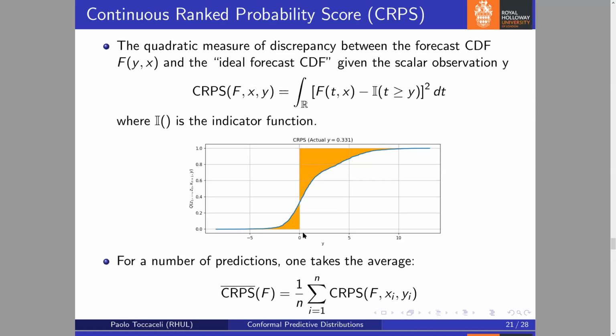So in the chart, I'm showing the case in which the actual y was 0.3. And the ideal prediction that, say, an oracle could give you would be a step function located on 0.3. And what we are doing here is we look at the discrepancy between our forecast and that of the oracle, and we square it and we integrate it over the horizontal axis. For a number of predictions, one takes the average, and this is what you get out of the CRPS.